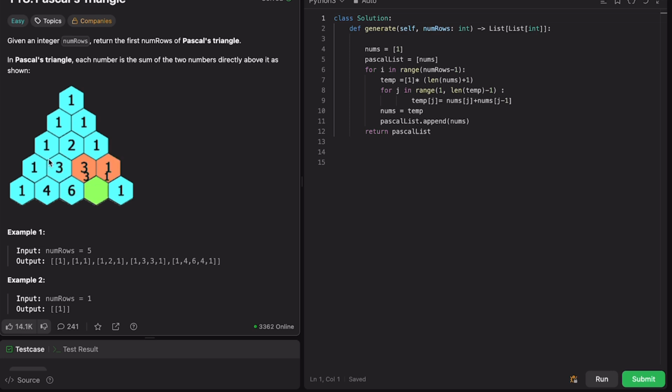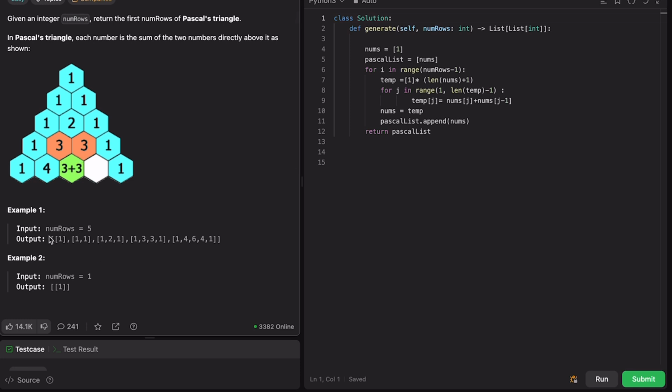Here 2 plus 1 is 3, again 2 plus 1 is 3. Here 1 plus 3 is 4, 3 plus 3 is 6, then 3 plus 1 is 4. If it is n equals 6, again you will have 1 at the first and 1 at the last, then 4 plus 1 is 5, 4 plus 6 is 10, and it keeps on going like that.